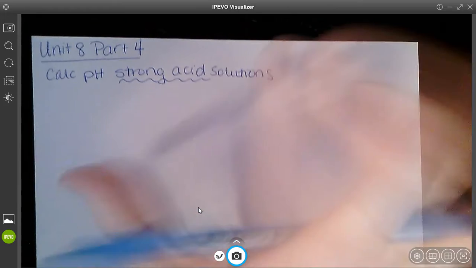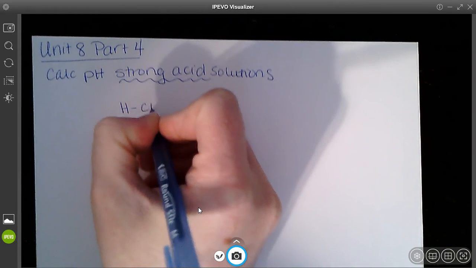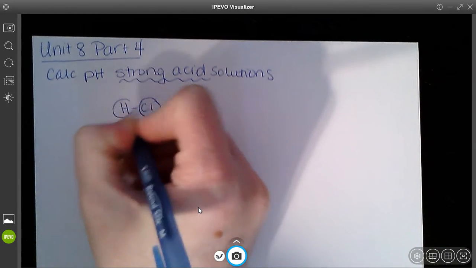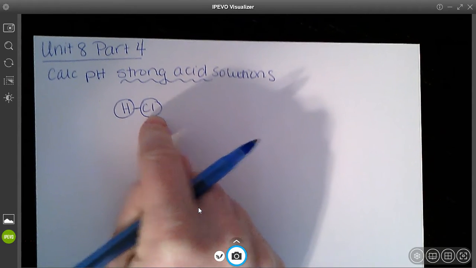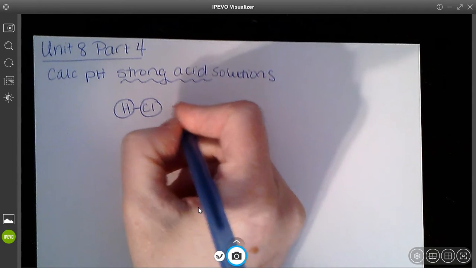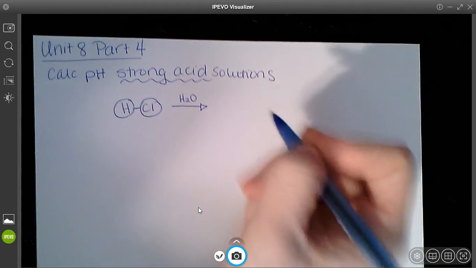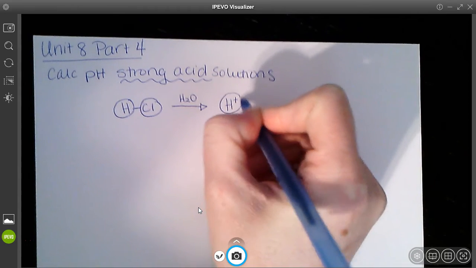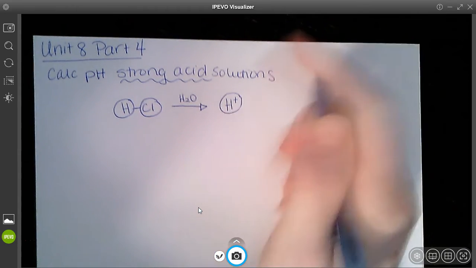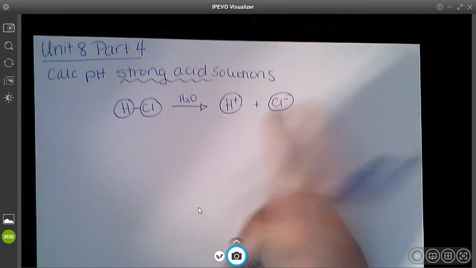So let's just review something real quick. HCl we know is a strong acid. HCl itself is a molecule of hydrogen and chlorine bound together by a chemical bond. But when you dissolve it in water, in the presence of H2O, then that hydrogen is going to fully separate itself from the chlorine, and the chlorine will be fully separate from the hydrogen.